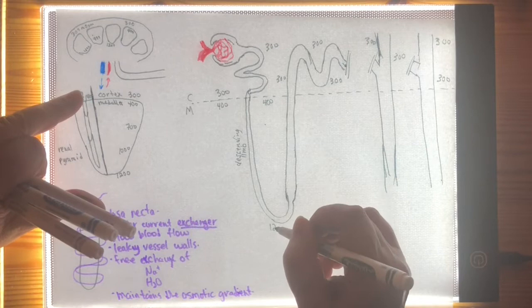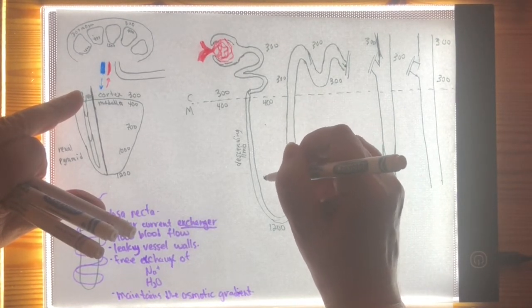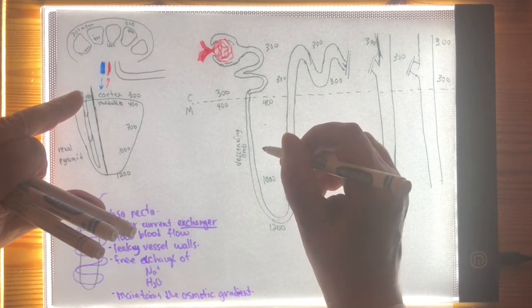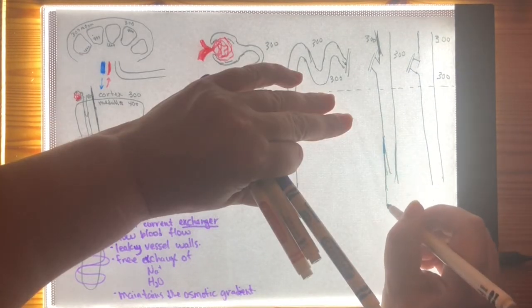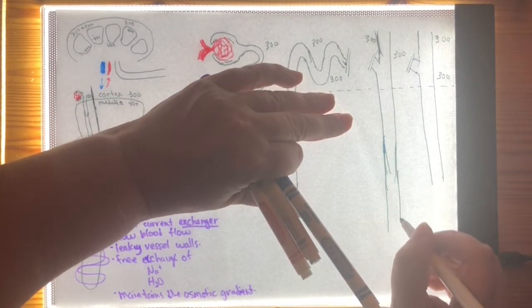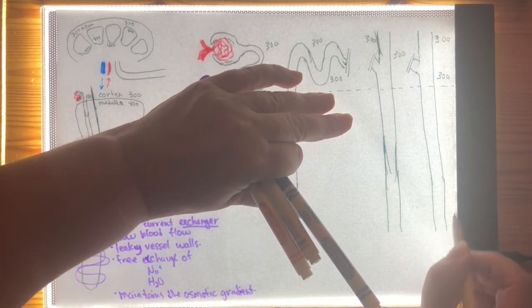Except, of course, when you dip down into that medulla, as soon as you dip down into the medulla, it's at 400, and then all the way down at the elbow of the nephron loop, it's 1200 milliosmoles, and then we'll fill in some other numbers in there to establish a gradient between the 400 and the 1200. Let's go ahead and extend those collecting ducts a little bit further.